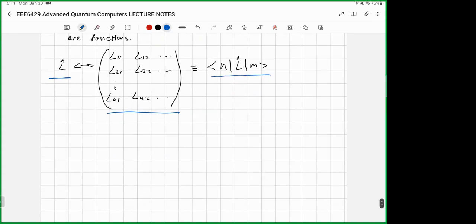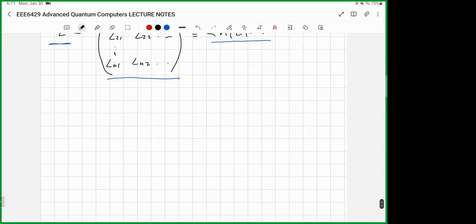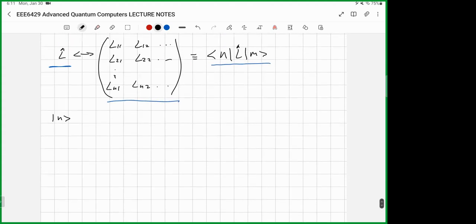But what about the situation when these vectors n and m are functions?